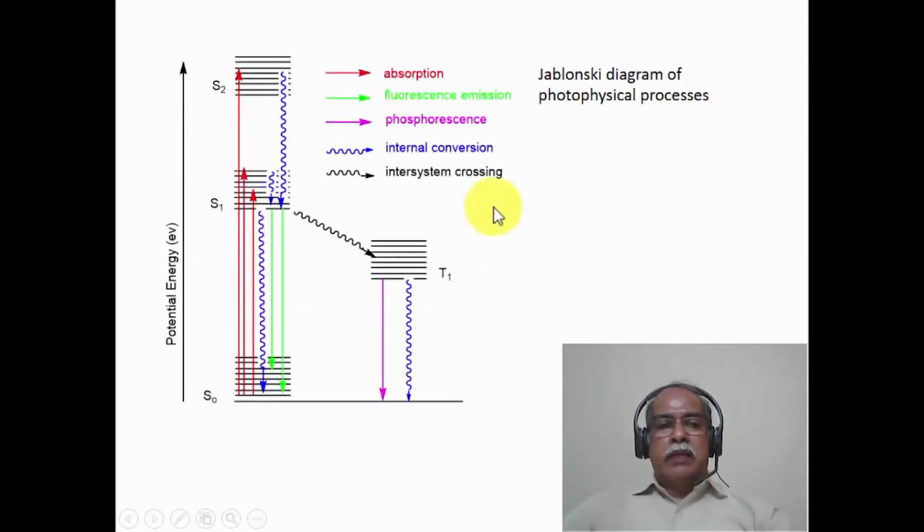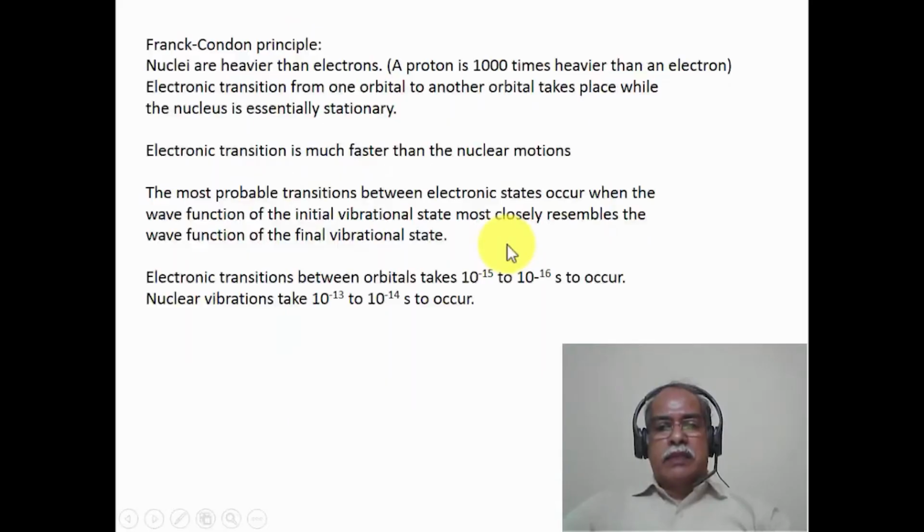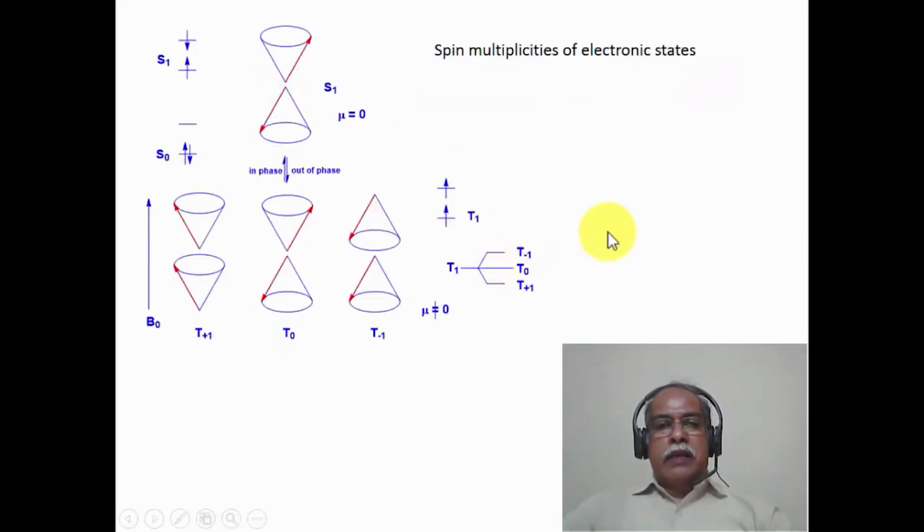Now, what do we mean by singlet state and the triplet state? These essentially deal with the magnetic moment or the spin orientation of the 2 electrons that are involved. Let us state the ground state configuration is like this, where in the S0 state there are 2 electrons, and this is the lowest unoccupied molecular orbital, and this is the highest occupied molecular orbital of the molecule, let us say.